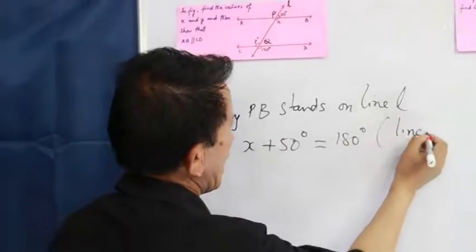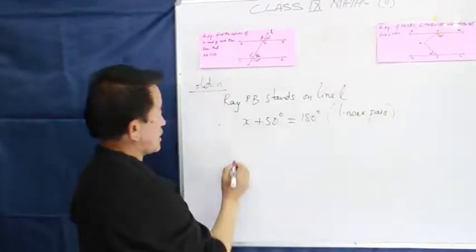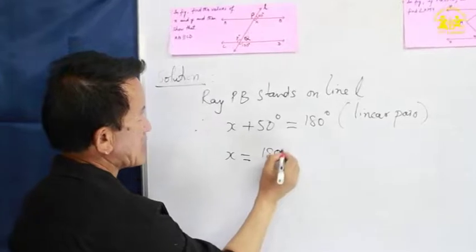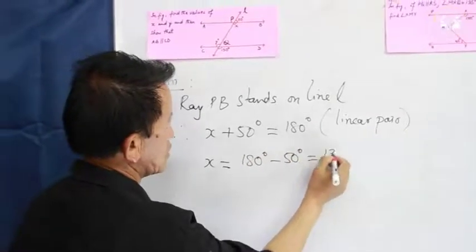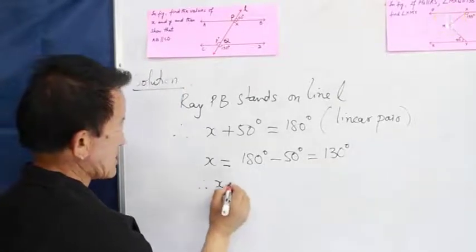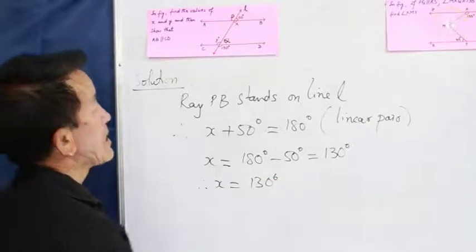They form a linear pair. Or X is equal to 180 degrees minus 50 degrees, which is equal to 130 degrees. So therefore X is equal to 130 degrees, right?